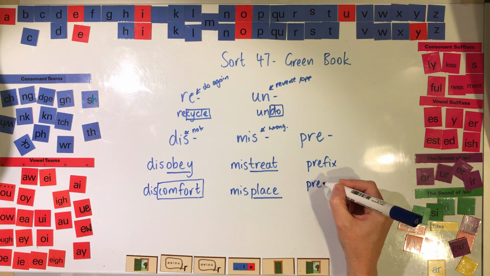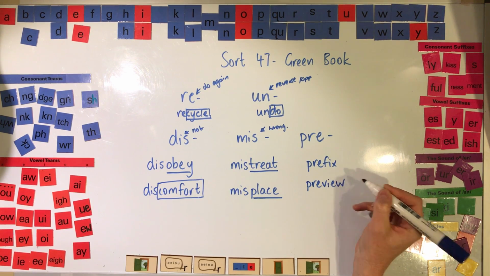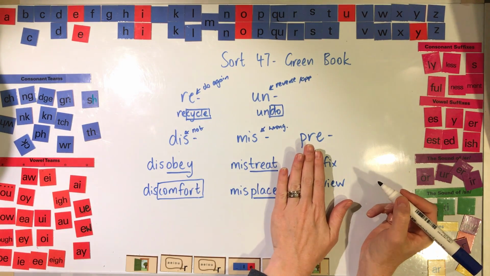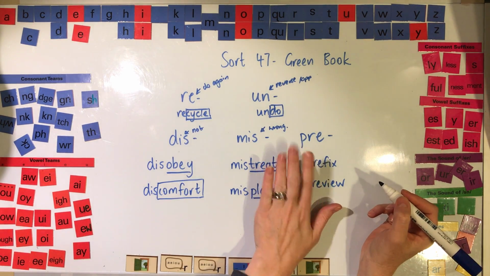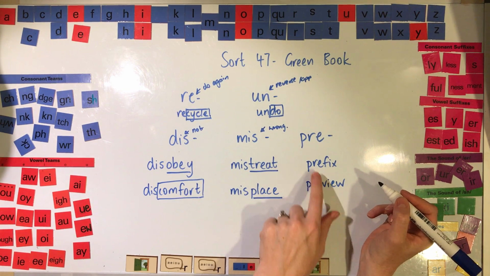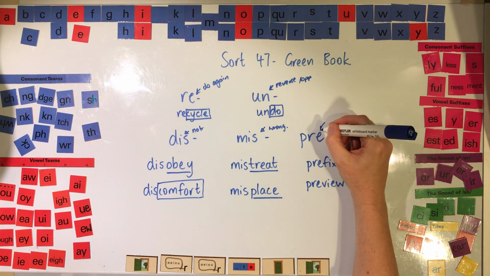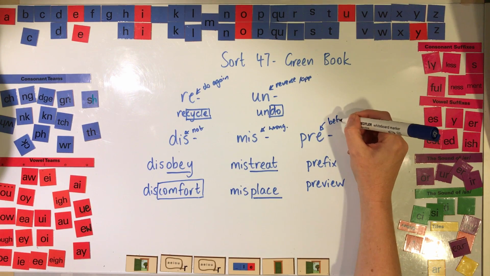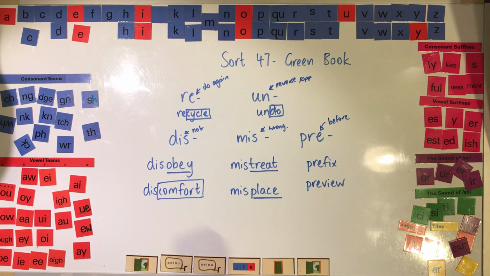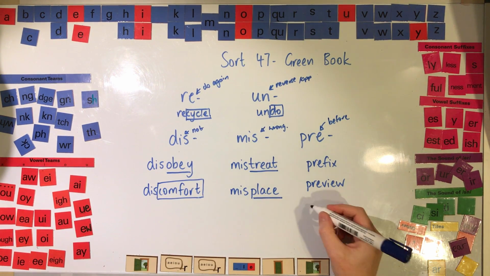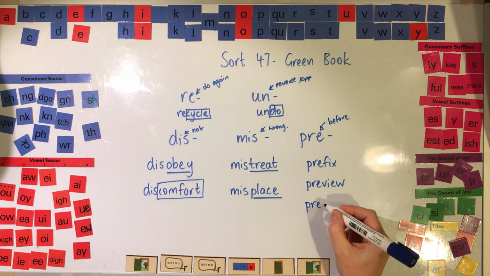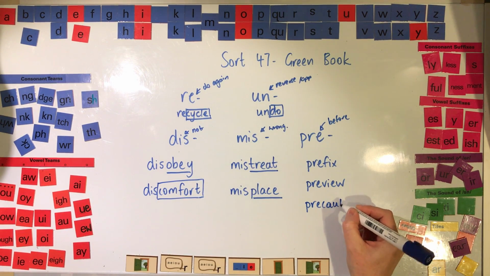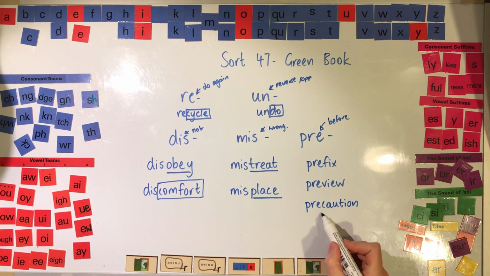Have you ever been to a movie preview? It means you've watched the movie, but you've done it before. So pre means before or ahead of. Okay? So precaution, this is a good word actually, because you can see the base word is caution.